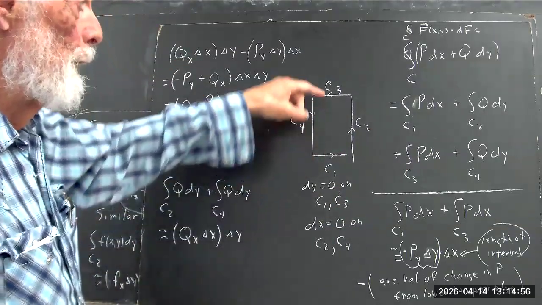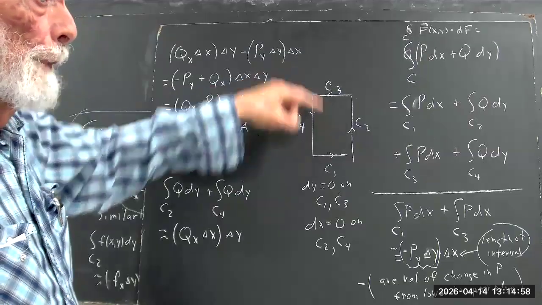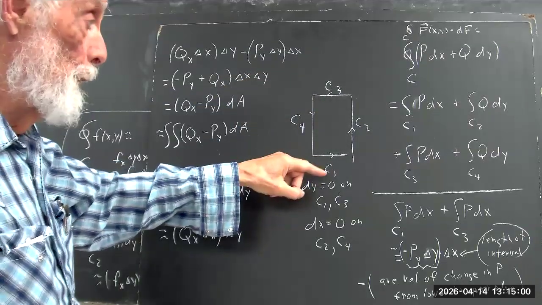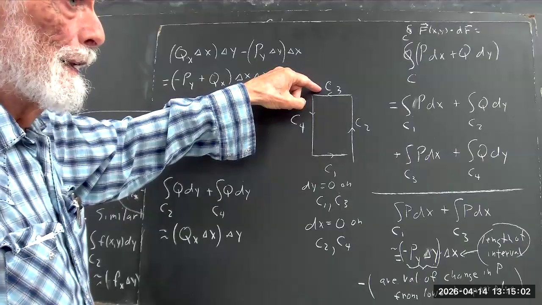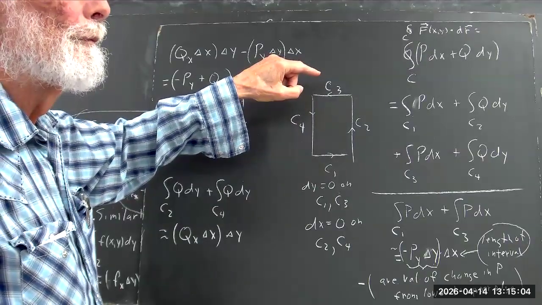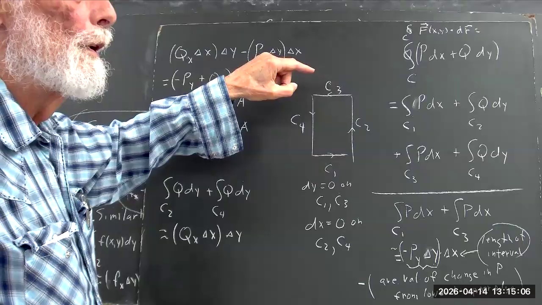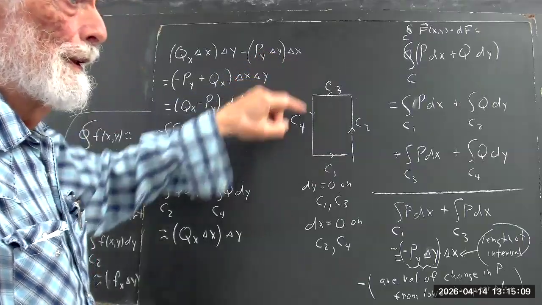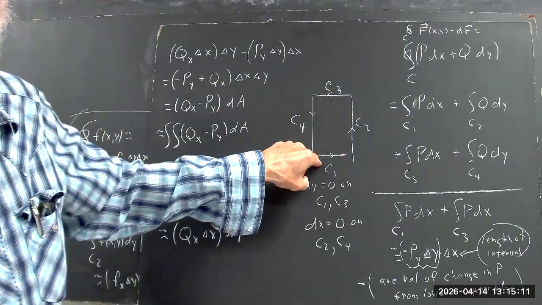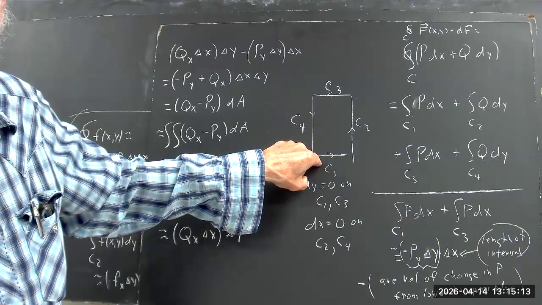Okay. The values on the top differ from the values on the bottom due to the fact that the y coordinate on top is different than the y coordinate on the bottom.